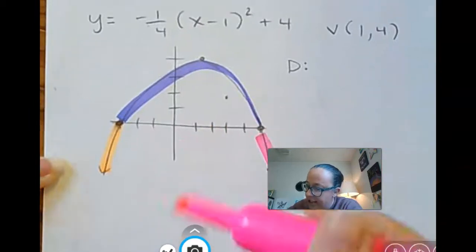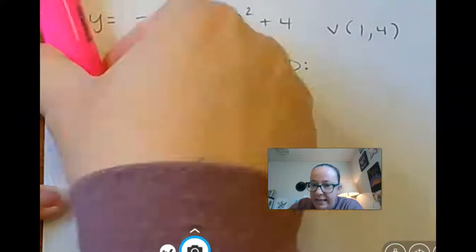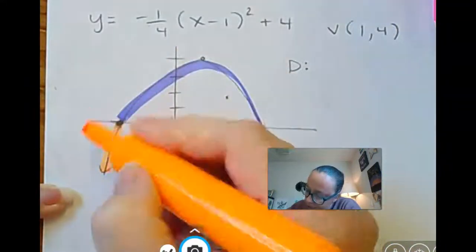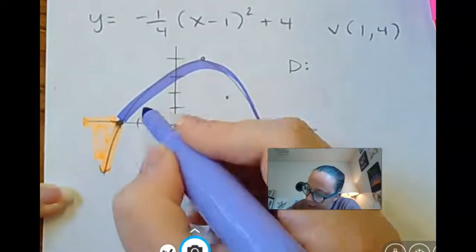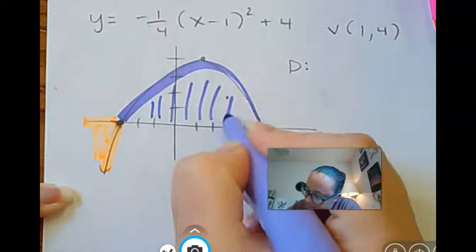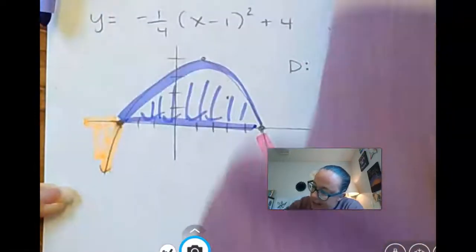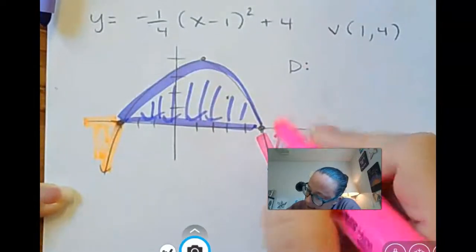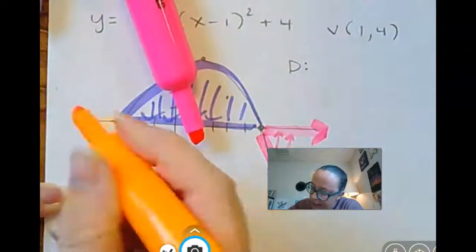And then I imagine smushing these towards the x-axis. So the orange would go up here, and it would cover all of that. The purple would go down here, and it would cover all of that. And the pink would go up here, and it would cover all of that. So the pink goes on forever, the orange goes on forever, and the purple fills in the gaps.